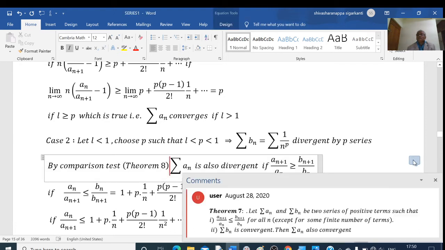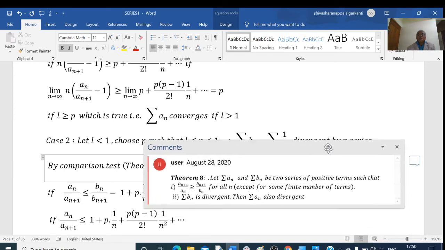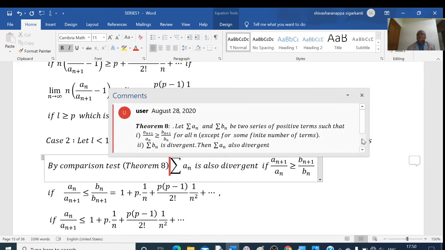Comparison test 8 is, this is my comparison test 8. What is this comparison test?